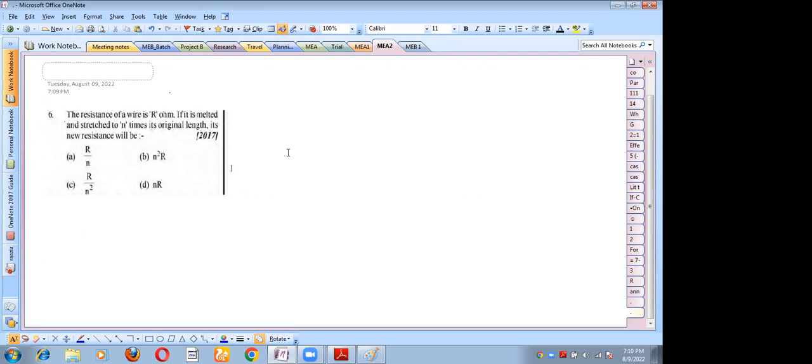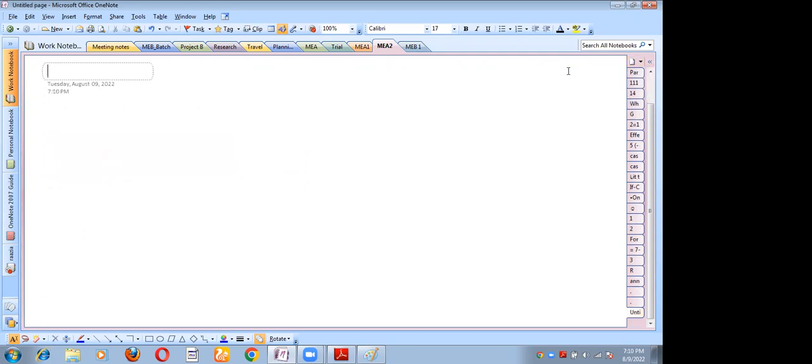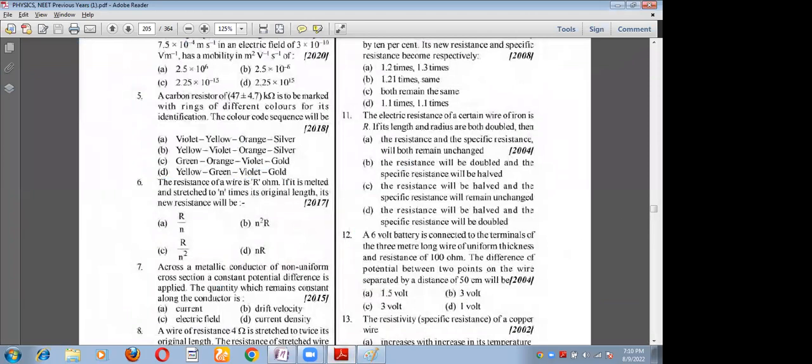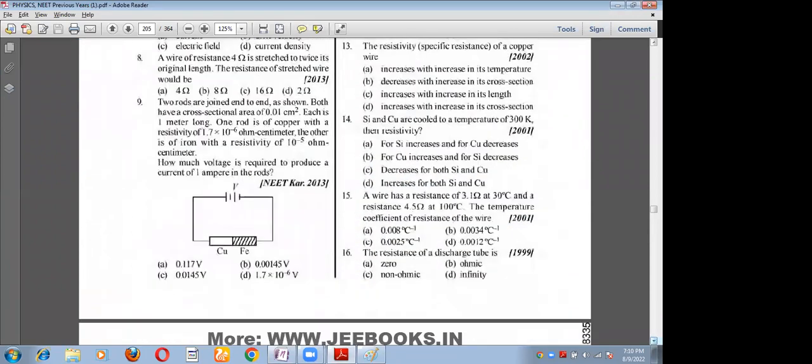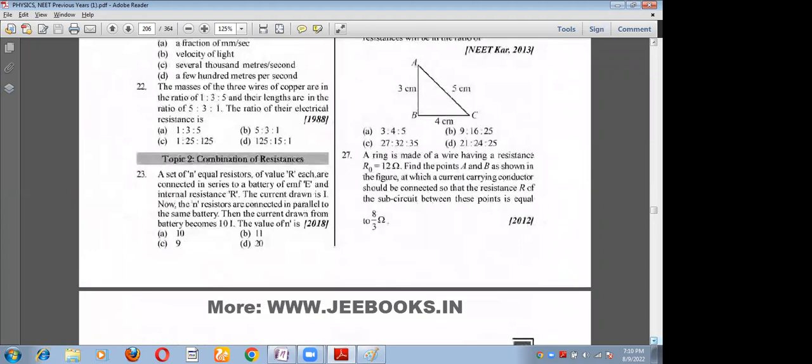This is based on previous concepts, I think. Let us do this. This is based on previous concepts. I will give you this as homework. Leave this question. This is not based on combination. I will give you this as homework. So move to next question. This question 6, you can attempt it later. This is only based on previous. So now moving to the combination of resistances like this.